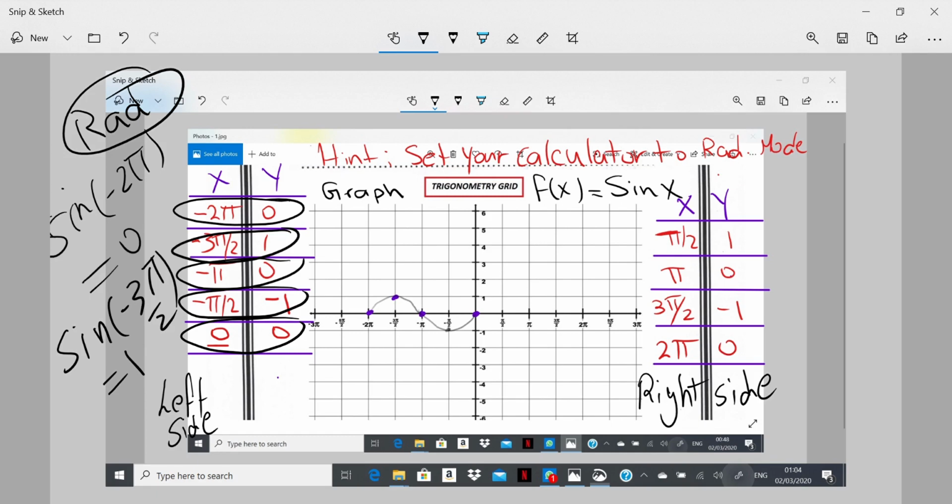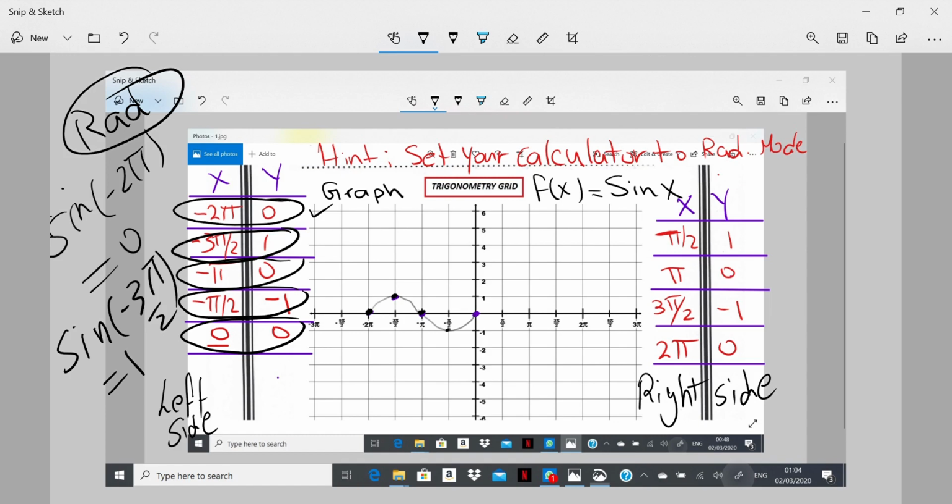The first point is negative 2 pi and 0. So this is the first point. The second point is negative 3 pi over 2 and 1. So this point. Negative pi and 0. This point. Negative pi over 2 and negative 1.